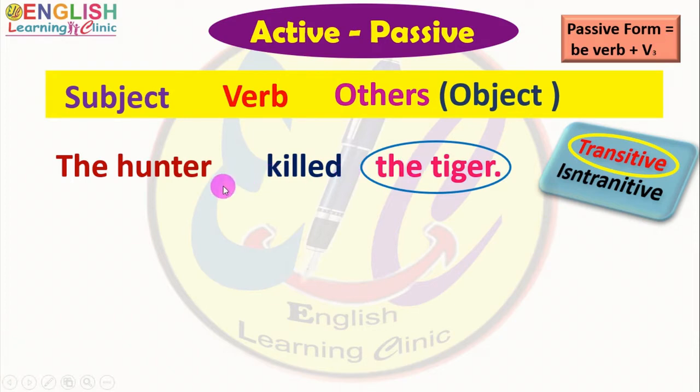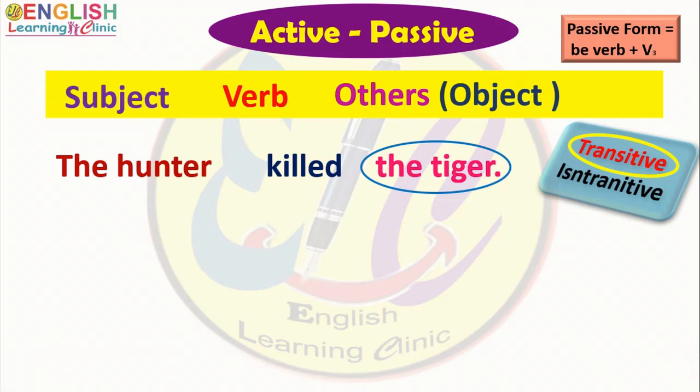Look at the verb killed. As there is no sign of be verb form, at first sight you can judge that the verb killed is in active voice. Now we will change it to the passive voice.